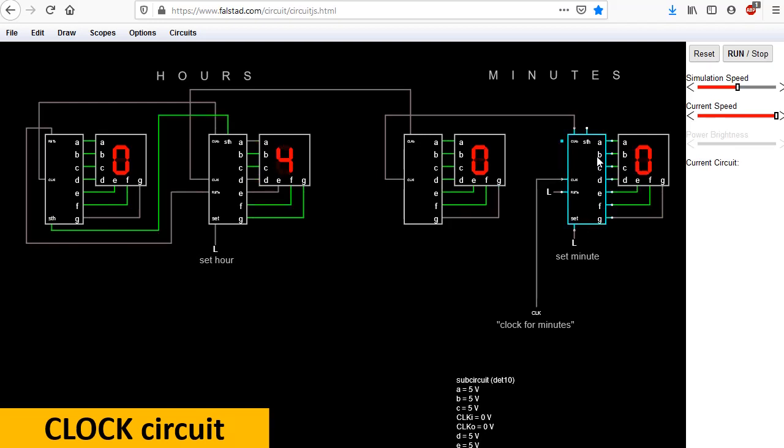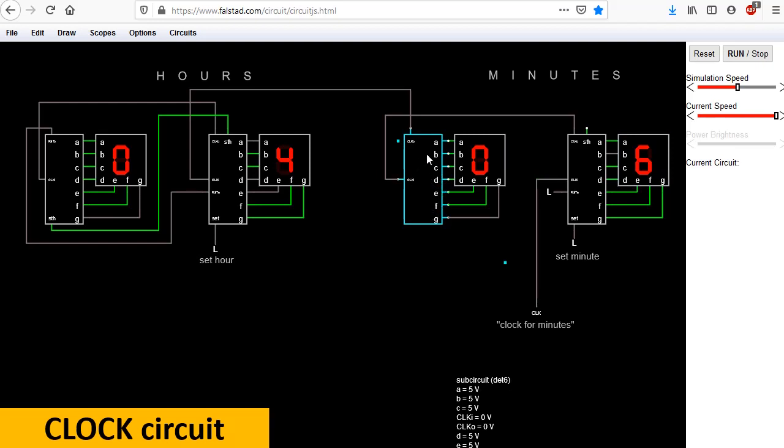Here in this subcircuit, I have a counter of unity digit of minutes that counts from 0 to 9. Here I have a detector of 10 to reset the counter inside and to trigger the next counter, and also here is 7-segment LED display driver to control this display.